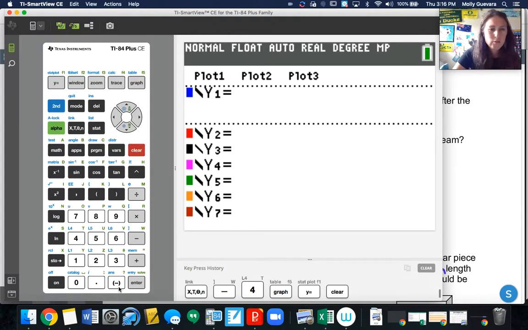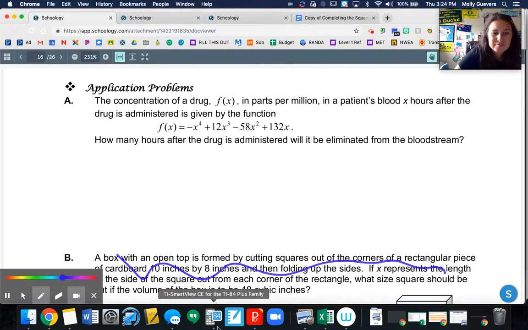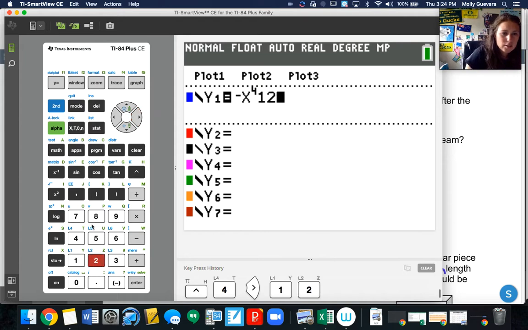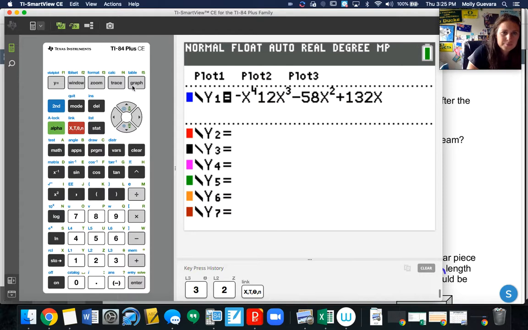Okay, so negative x to the fourth plus 12x to the third minus 58x squared plus 132x.